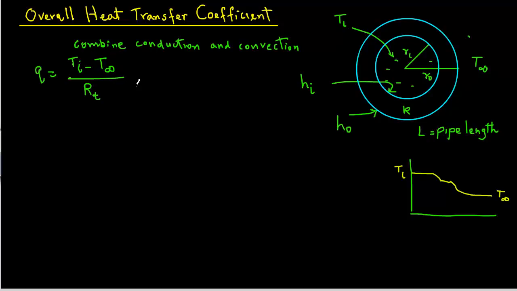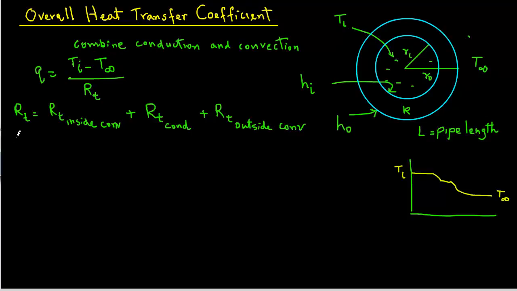So let's see what kind of thermal resistances are there in this case. RT will be equal to RT for the inside convection, that is inside the pipe, plus RT for conduction through the pipe material, and then RT for the outside of the pipe, which is again due to convection.